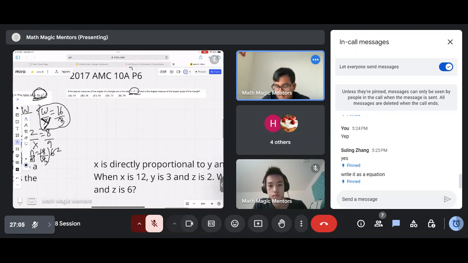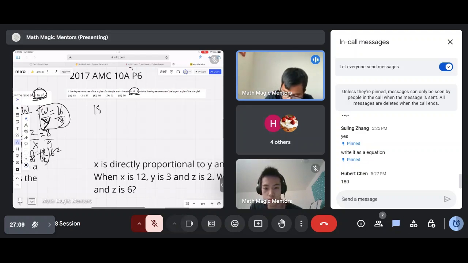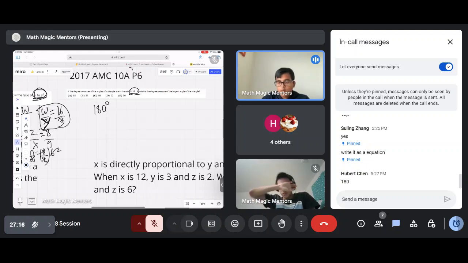Yeah, 180 degrees, right? So 180. And right now you can add 3, 3 and 4, and it'll give you 10. And we know that that's not equal to 180.